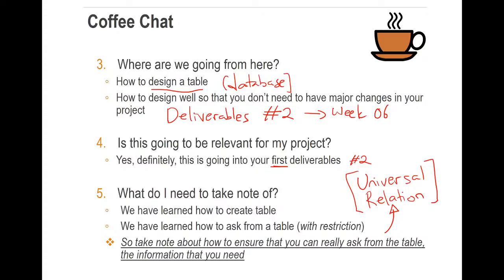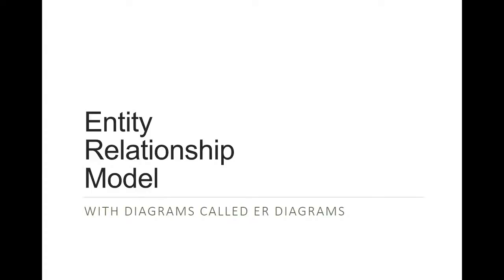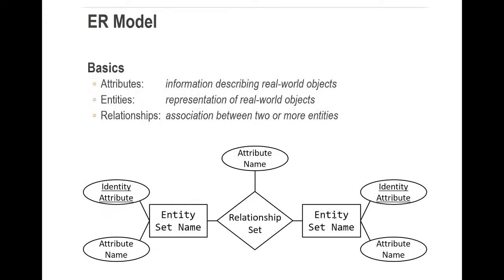Okay, so our model is called the entity relationship model, and we can usually represent this as a diagram called the ER diagram. So let's start with a brief overview of the ER diagram. We have attributes. Okay, so remember in our horse database, so we have an example on horses.